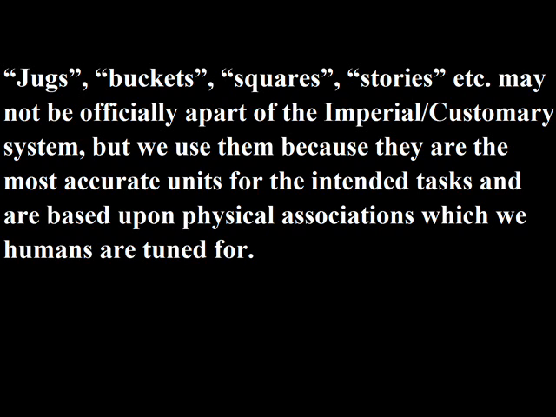Jugs, buckets, squares, stories, etc. may not be officially a part of the imperial/customary system, but we use them because they are the most accurate units for the intended tasks and are based upon physical associations which we humans are tuned for.